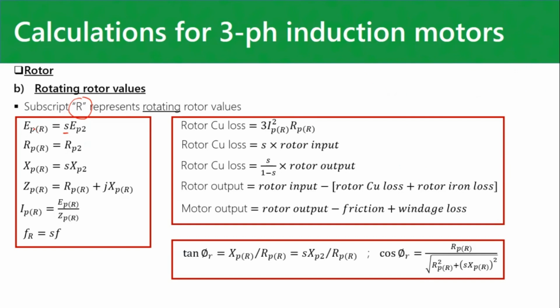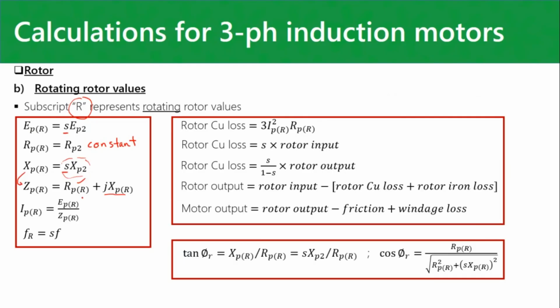So EPR, the rotor EMF when it's turning, is slip times the standstill value, EP2. The resistance is constant and does not change. XPR, the reactance of the rotor conductors when it's rotating, is S times XP2. So if this changes, then there's an effect on the impedance because it's changing.